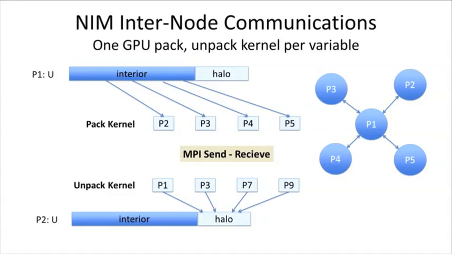You do it with this pack, and it's a kernel in the GPU. For each one of these, we have a kernel representing the pack necessary to prepare the data for MPI exchanges, send and receive. Then the data on the other side is unpacked, and you have all these kernels doing all this work and taking a lot of time.